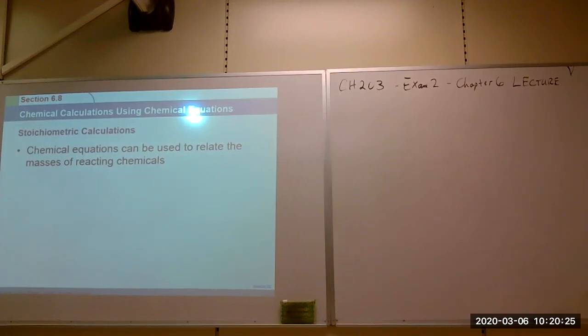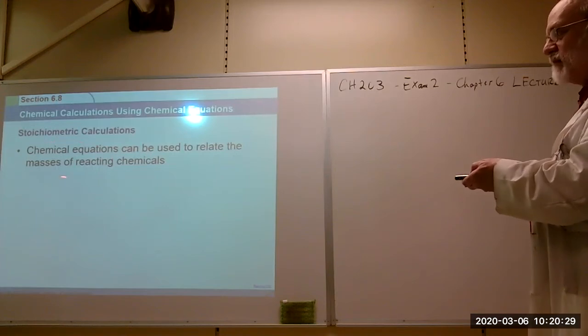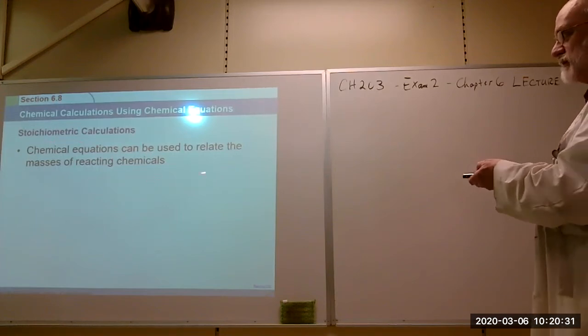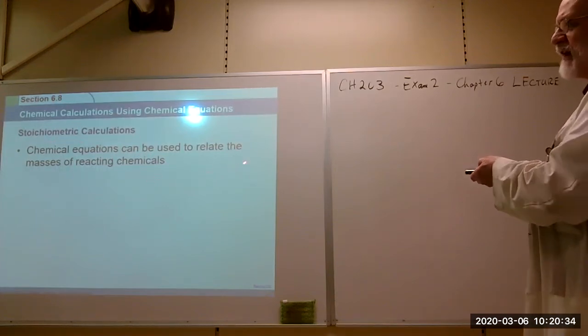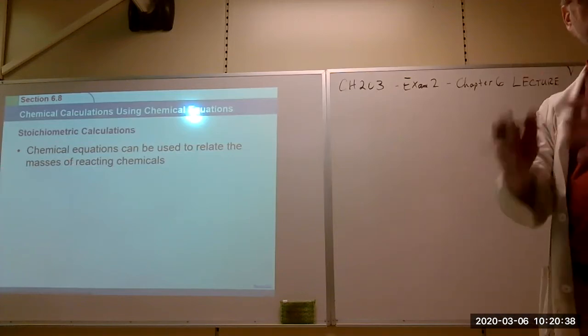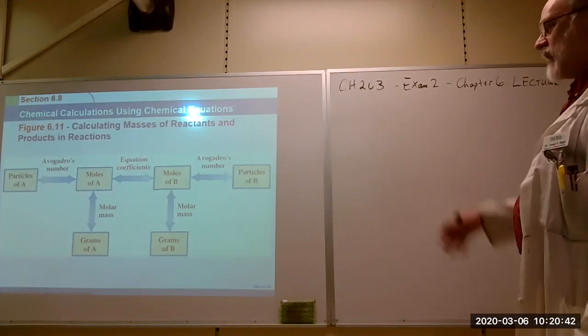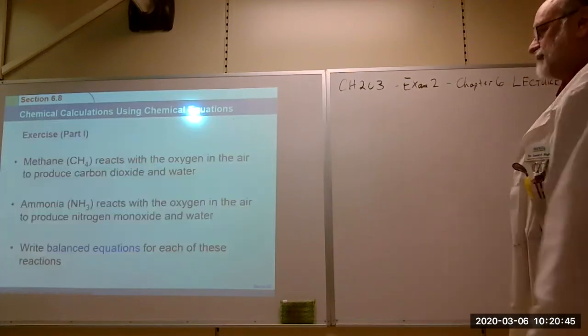Right? So we're going to use what we've learned so far to relate the masses of the reacting chemicals. Now, it's a simplified version. It's not always masses, but for our purposes, that's where we're starting. Yeah, and that's the author's idea of simple.